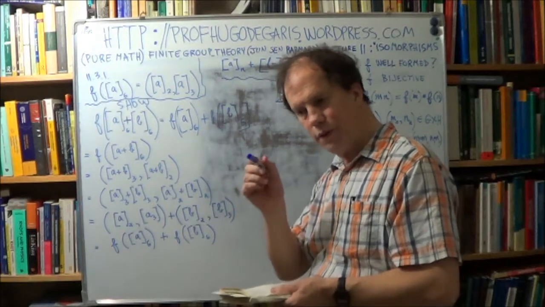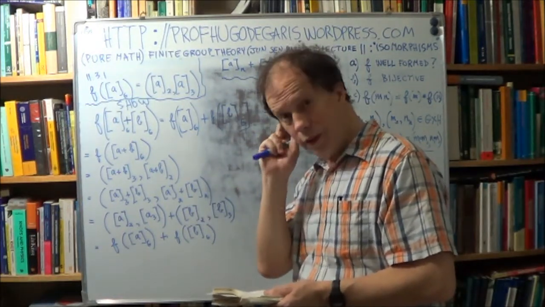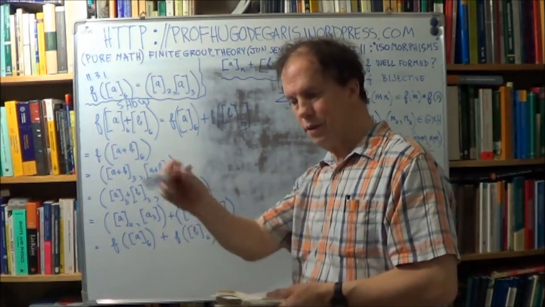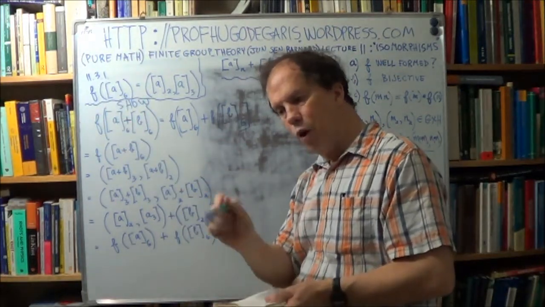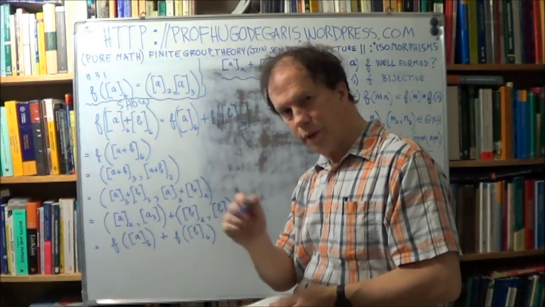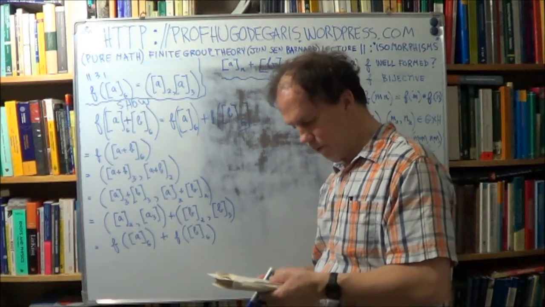So if the order of any element x is infinite, then every power of that element, x to some integer, and the integer just goes on infinitely, all those powers of x are all different, right? That's what we have to prove.